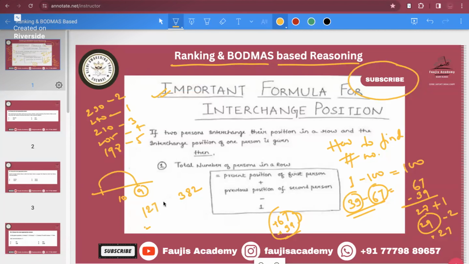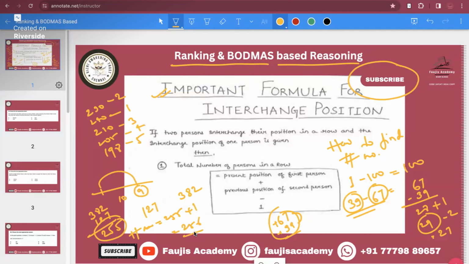For sure, the first step will be 382 minus 127, which is 255. But 255 is not the number of numbers. The number of numbers over here will be 255 plus 1, that is 256. Why? How?